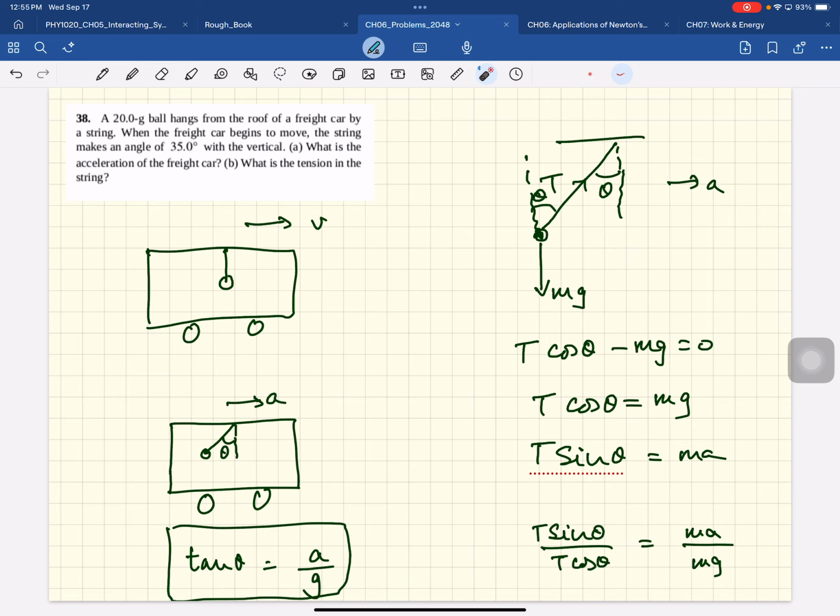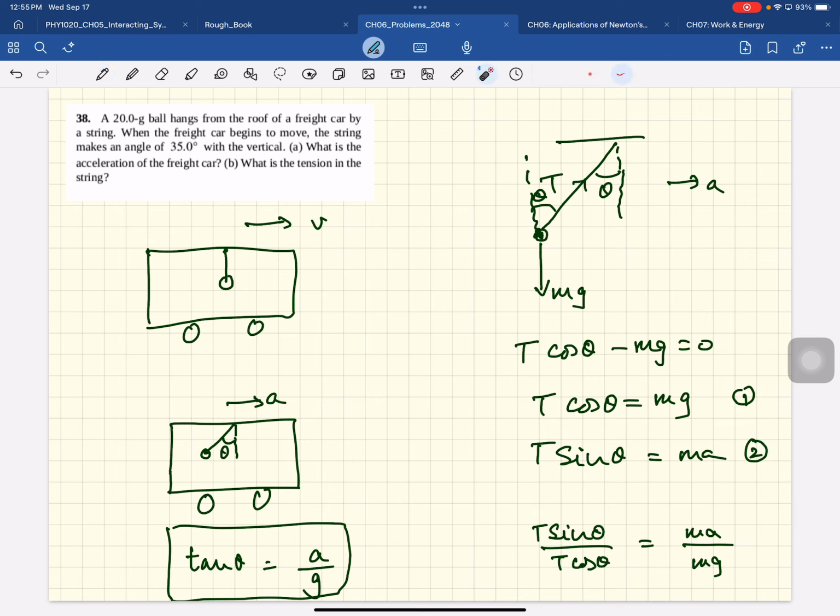And as we mentioned, a is g times tan theta. For theta tending to 90 degrees, this goes to infinity, a goes to infinity. All I did was divide this equation by that equation. Why?